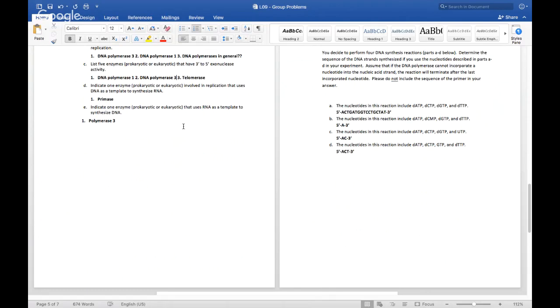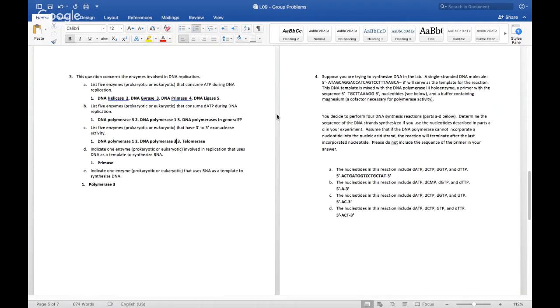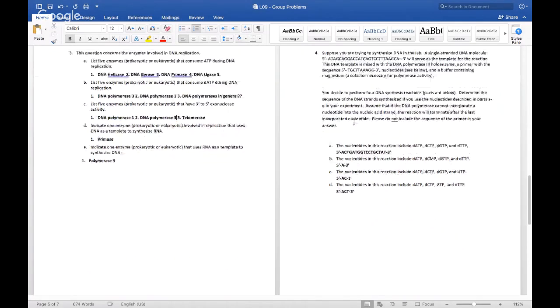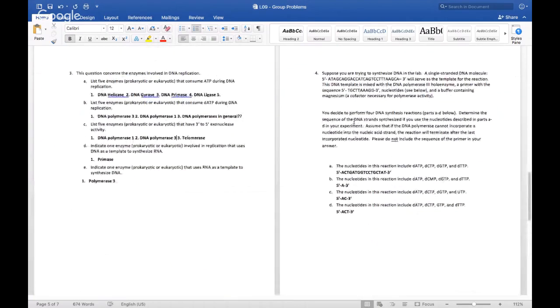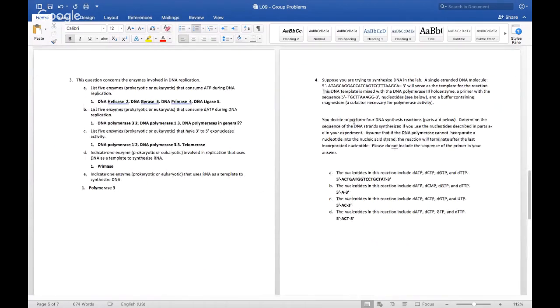Number 4 is this wonderful application of what we're learning about, which is really neat because in my research group we were tasked with the opportunity to run a PCR reaction. PCR is actually another offshoot of what we're doing here.